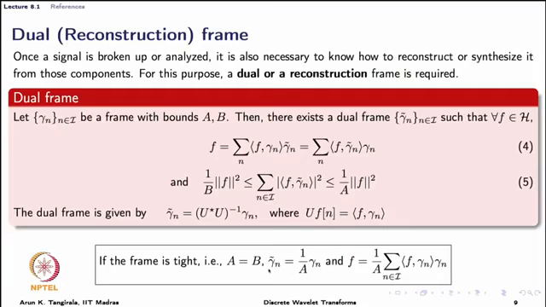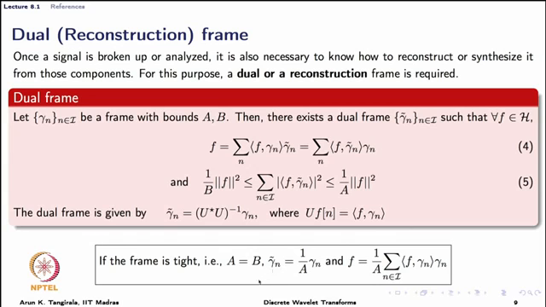Now, if the frame is tight, there is a nice recovery expression. That is when A equals B, you can show quickly that gamma n tilde is 1 over A gamma. Now, this proof I avoid, you can refer to Mallat's book or any literature. It is a fairly easy proof, very simple proof, but in the interest of time I am just avoiding it.